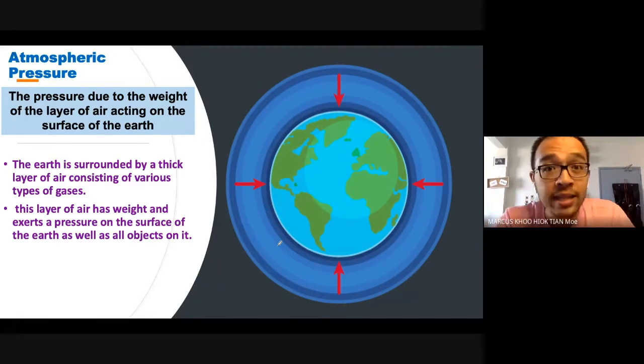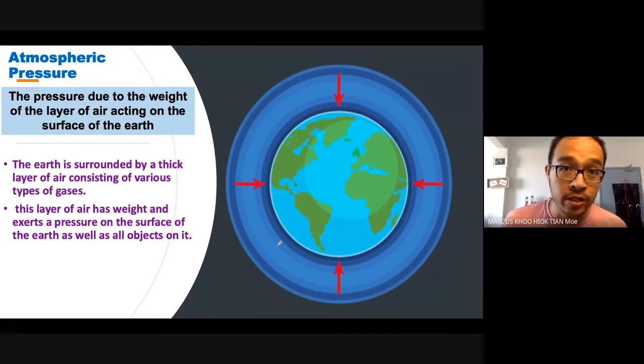We don't realize it, okay? Kita tidak sedar. Sebab bila kita dilahirkan kan, when we are born, we already feel the atmospheric pressure. And we grew up with atmospheric pressure. You don't realize it. Okay, but you will realize it, mana tahu one day kan, one of you will become an astronaut lah. I mean, okay?